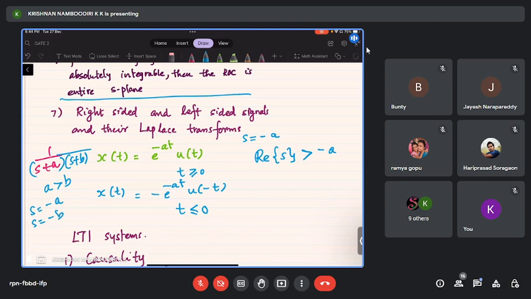You can see minus a is less than minus b, so minus b is the greater one, and the ROC will be real part of s greater than minus b. Did you understand what I am saying? For a right-sided signal, the ROC will be towards the right side of the rightmost pole.